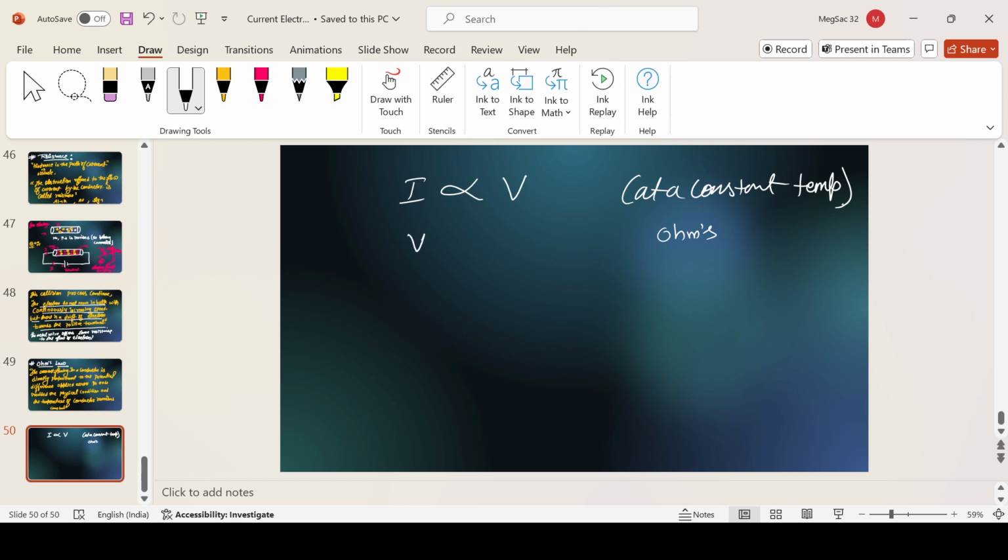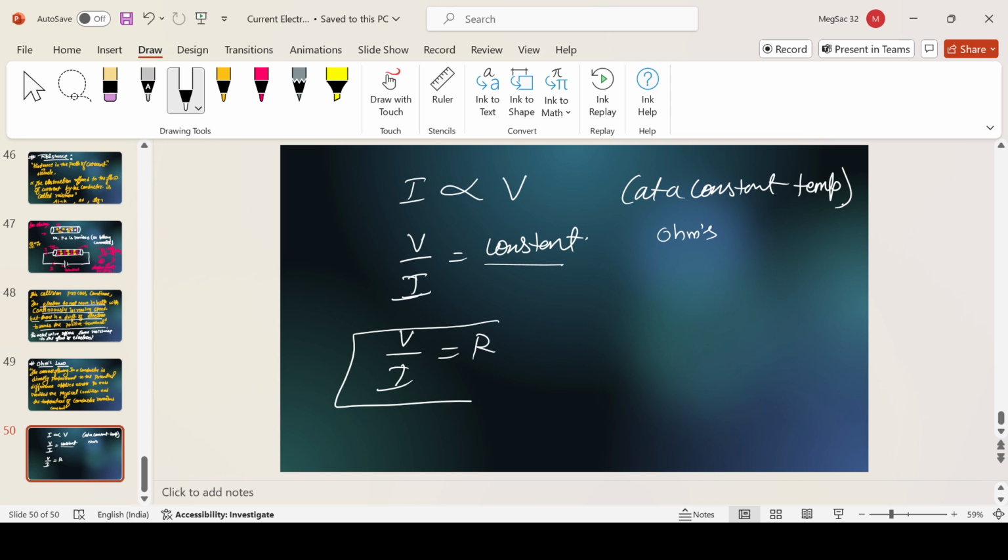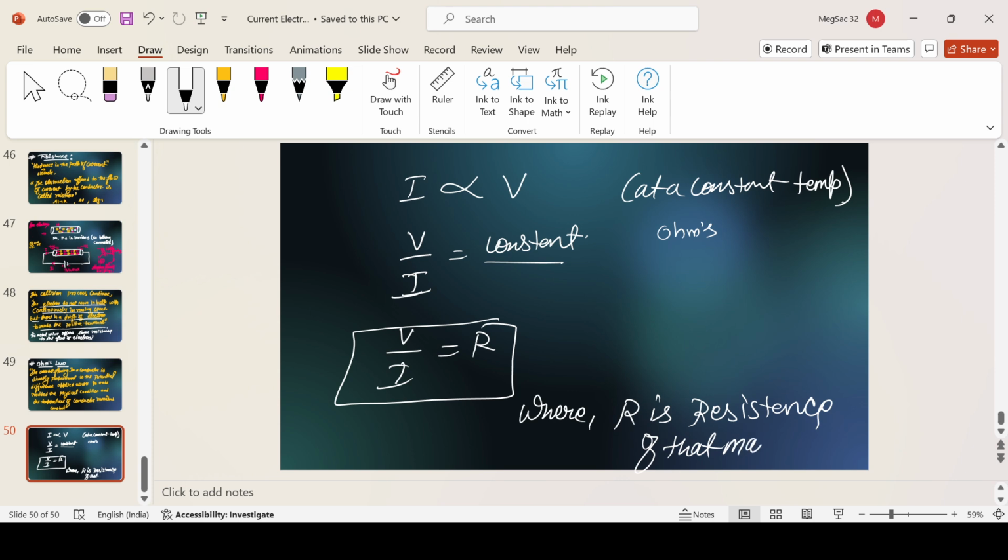So he said now this V upon I will be equal to some constant. Okay, so now from the constant, he brought the constant, and that is said to be V upon I is equal to R, where R is the resistance of that material. ठीक है, getting the point or not everyone?